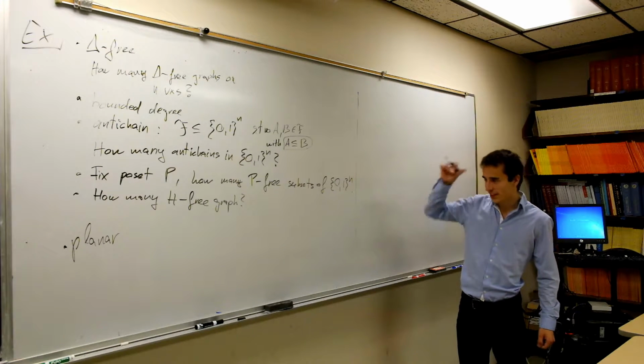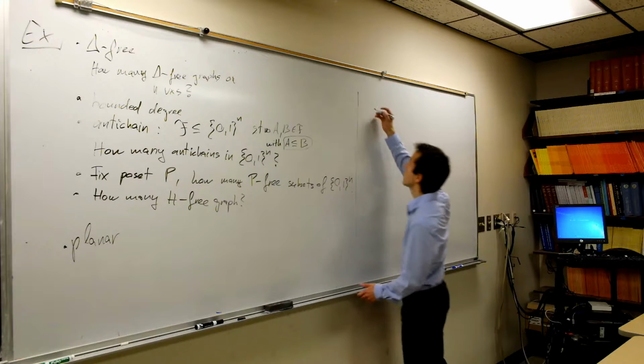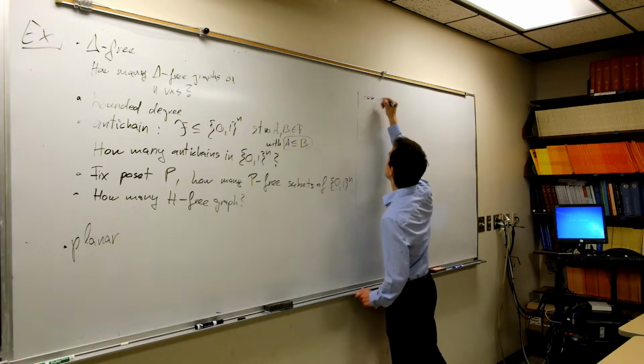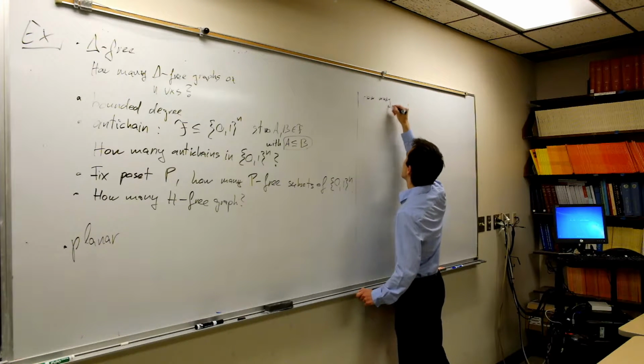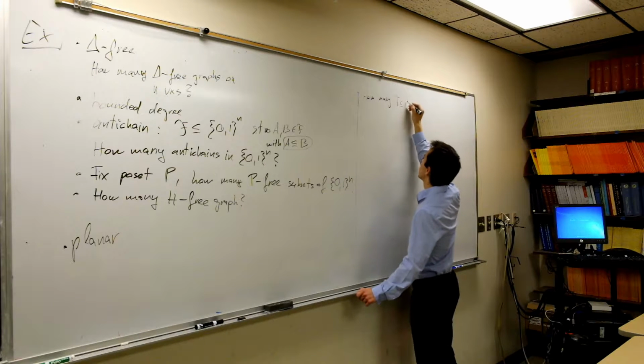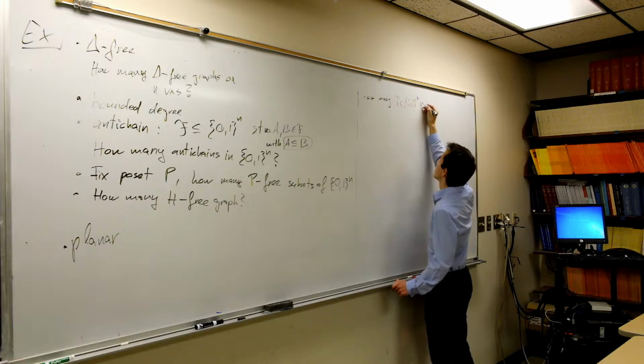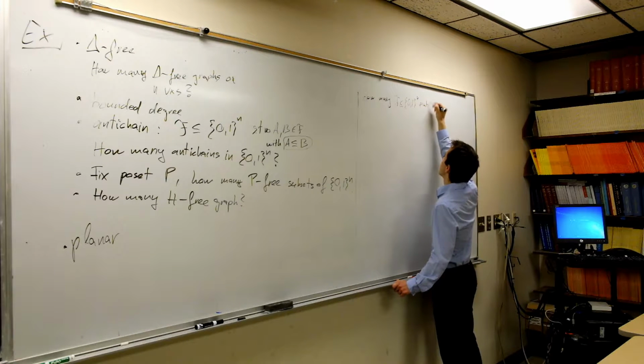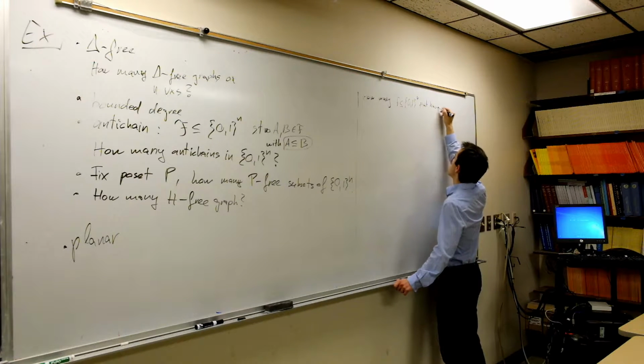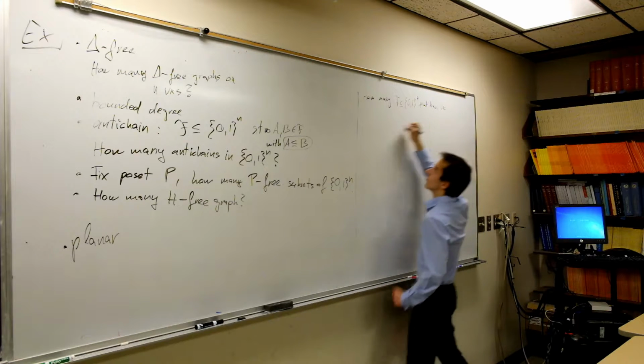So, a couple more examples just quickly. So, for example, how many families in the Boolean lattice have no solution to some equation?